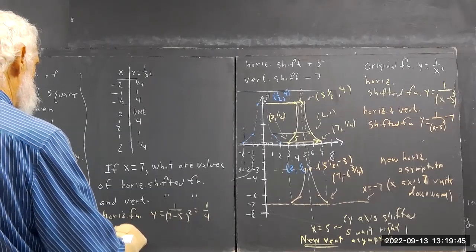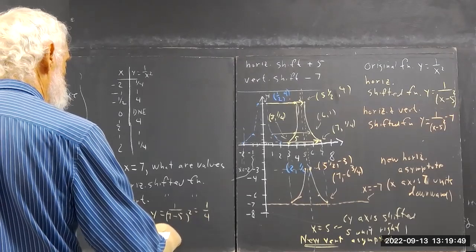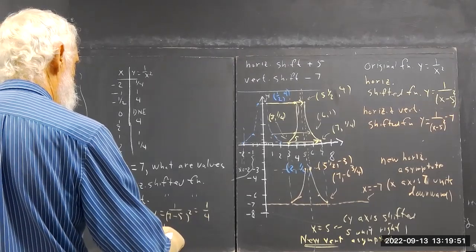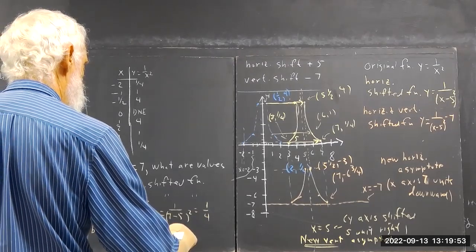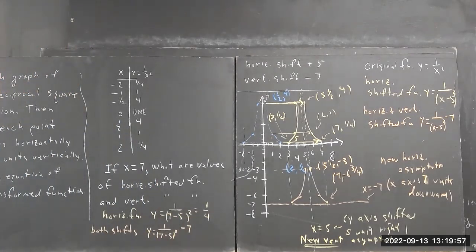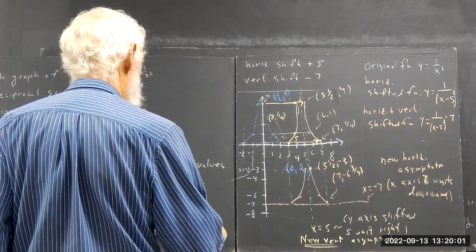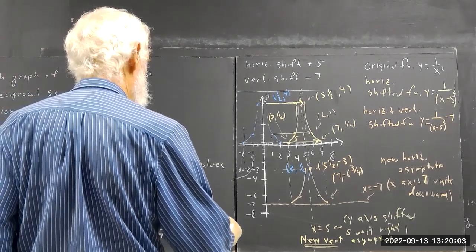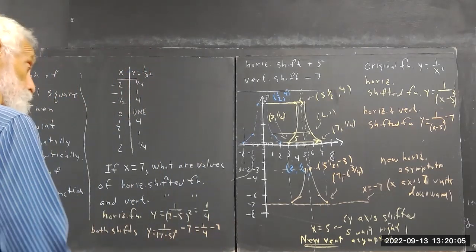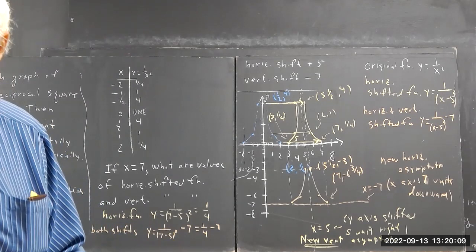I'll just write both shifts. I'm going to write down here along the board. We get y equals 1 over 7 minus 5 squared minus 7, which is 1/4 minus 7. You do the common denominator, you're going to get negative 27 over 4.